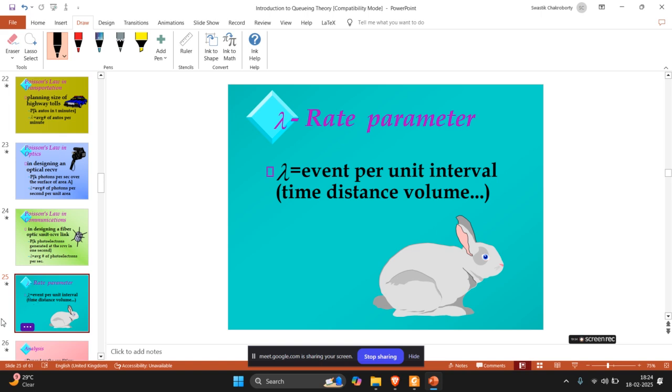Lambda is called the rate parameter, that is, events per unit interval, that is, arrivals per unit time. Arrival per unit time is called the rate parameter or arrival rate. Lambda is equal to how many packets arrive on average in one second.